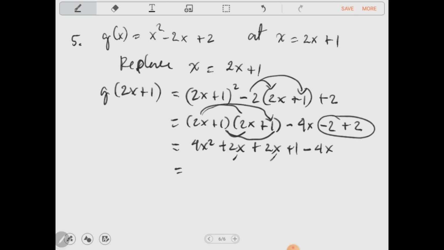Ito, at ito. So, if we're going to combine those, 2x plus 2x is 4x. Minus 4x, so 0 na siya. So, ang matitira na lang, ito. 4x squared plus 1. So, therefore, if you have g of x equals x squared minus 2x plus 2, and x is equal to 2x plus 1, the function will be 4x squared plus 1.